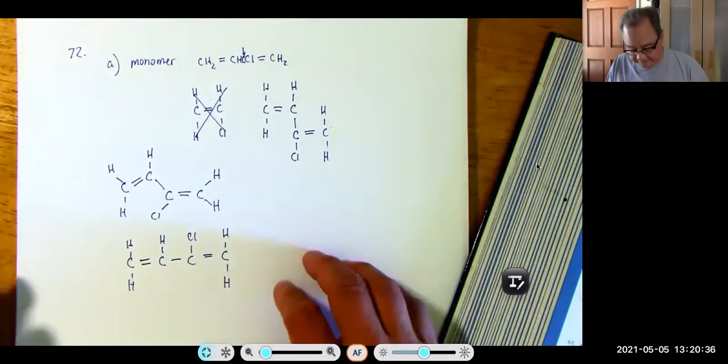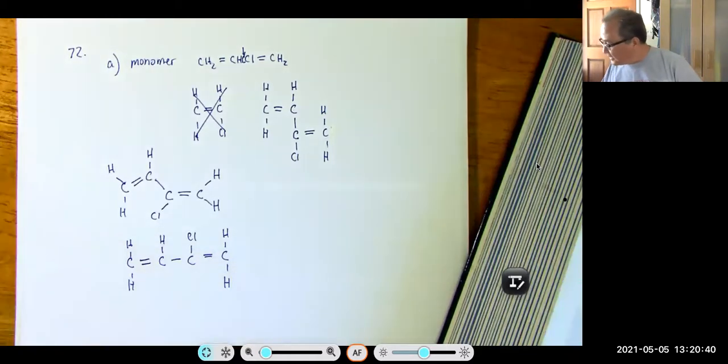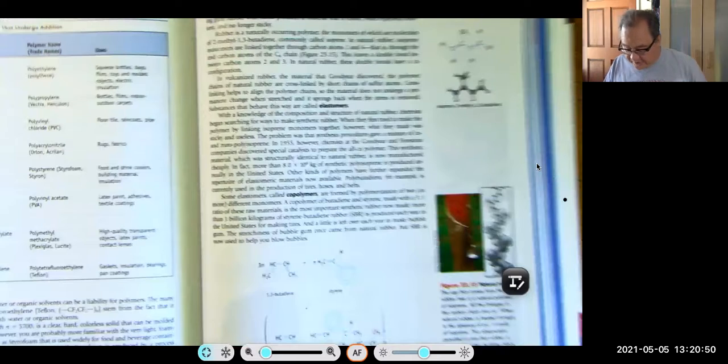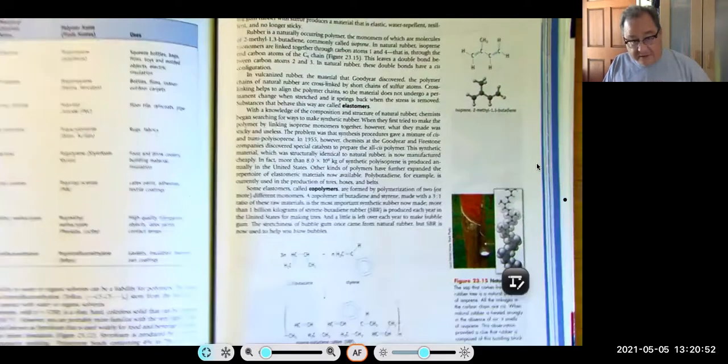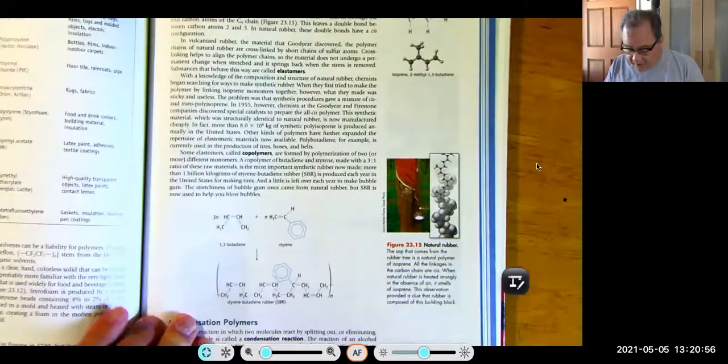Okay? Now, I'm going to show you the page where they show you how to deal with this. Now, take a look here. So do you see this butadiene here? It's going to be polymerized with styrene.